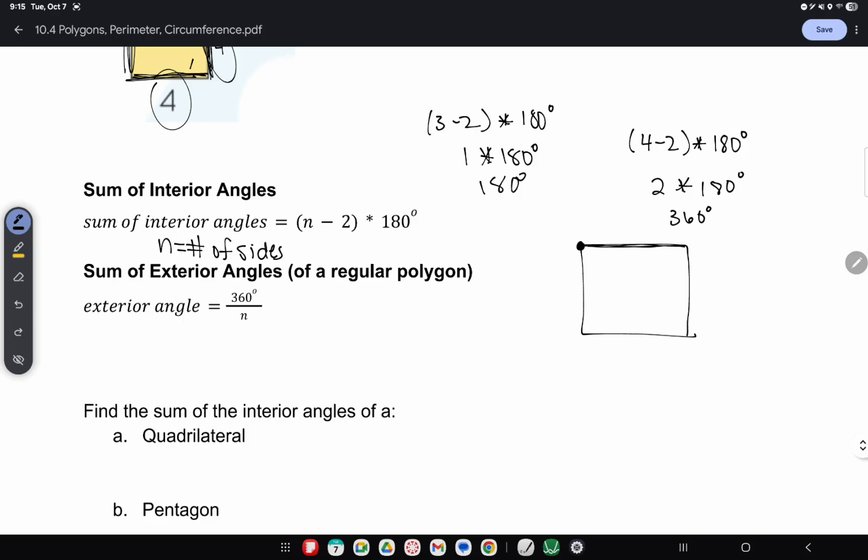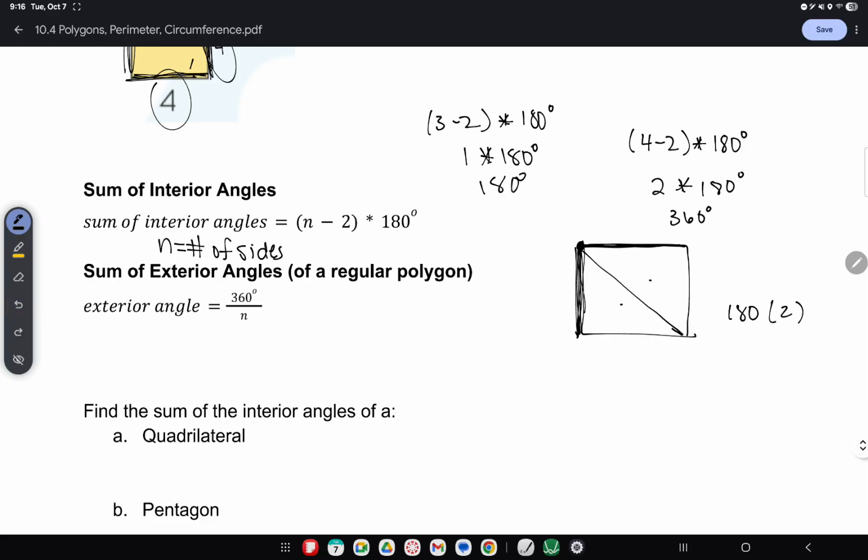So there's one, and there's one. So what I did was I divided it into triangles, and there's 2 triangles. Well, if we know that one triangle is 180 degrees, I have 2 triangles, so I'm multiplying it by 2. You can see that with the vertices, I share a side with 2 of them. So that may be n minus 2.